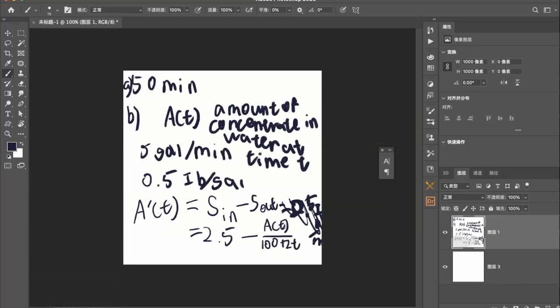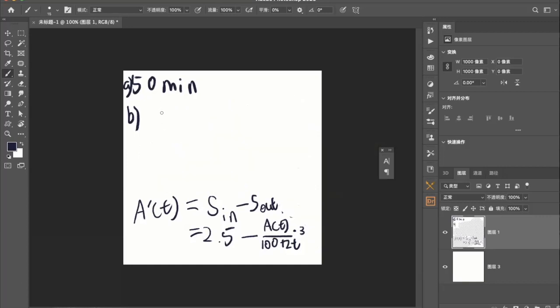Therefore, A(t) unit was pounds, 100 plus 2t was gallons, so this gives us pounds per gallon. Now let's just multiply by 3, the amount of solution going out, which is gallons per minute, and the gallons cancel out, we get the amount of concentrate going out in pounds per minute.